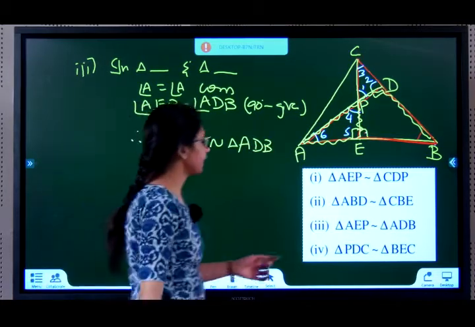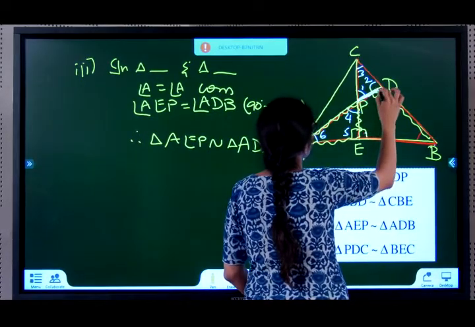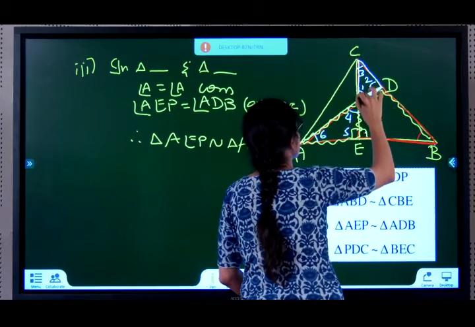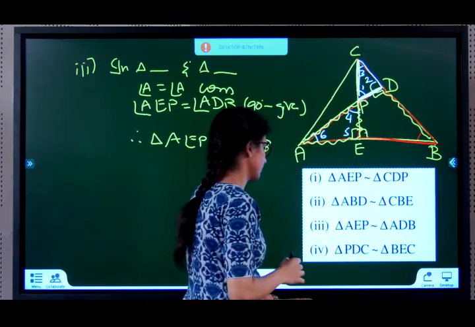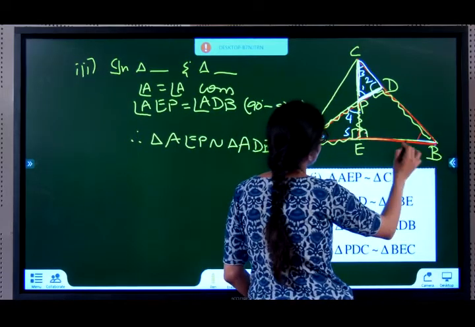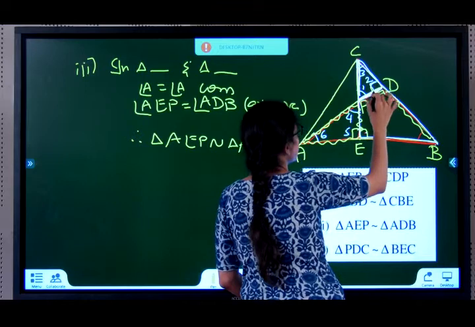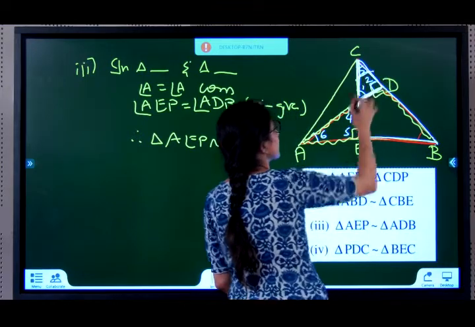Next, PDC and BEC. You have a 90 and 90 and you have angle C equals angle C common.